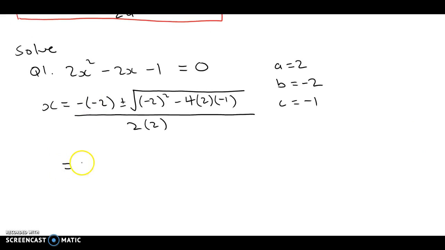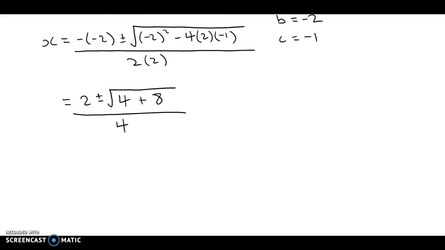Minus minus 2 gives us positive 2, so 2 plus or minus the square root of minus 2 squared, which is 4, minus 4 times 2 times minus 1, which is plus 8, all over 2 times 2, which is 4. Now, we can keep going with this.